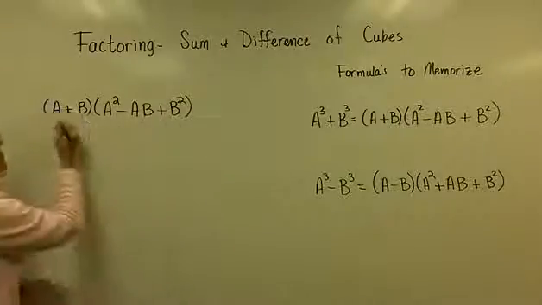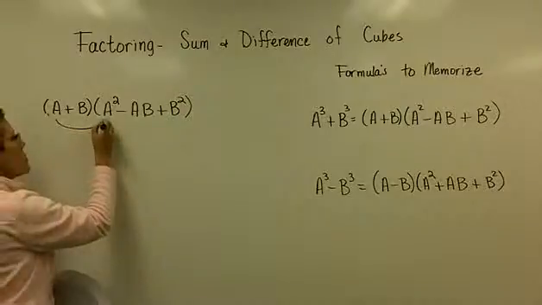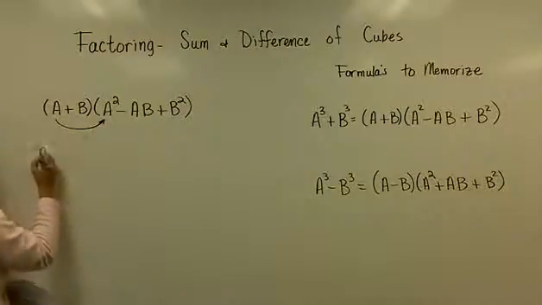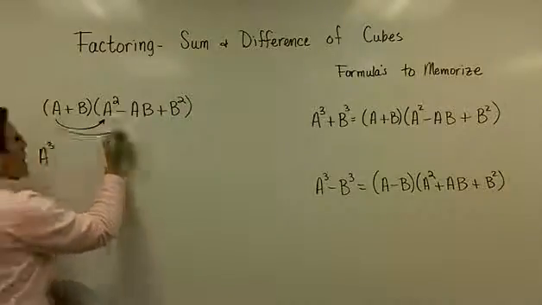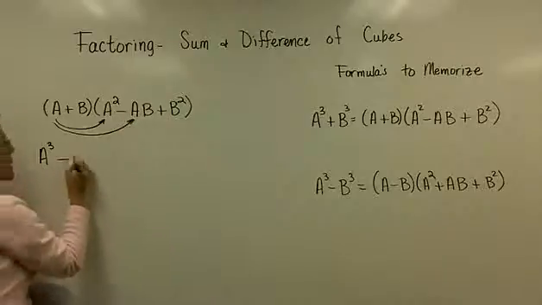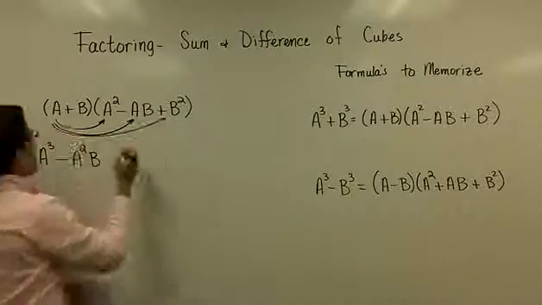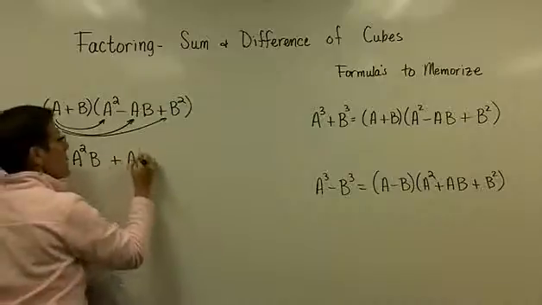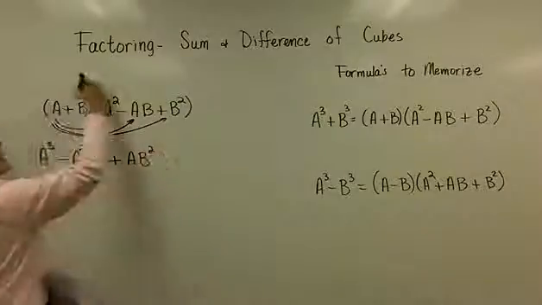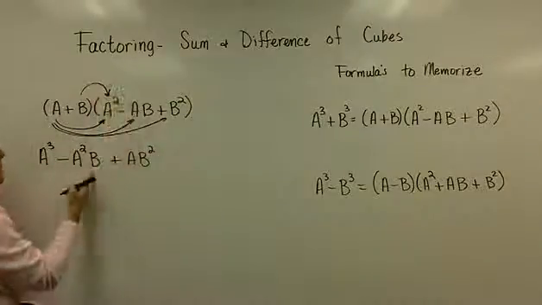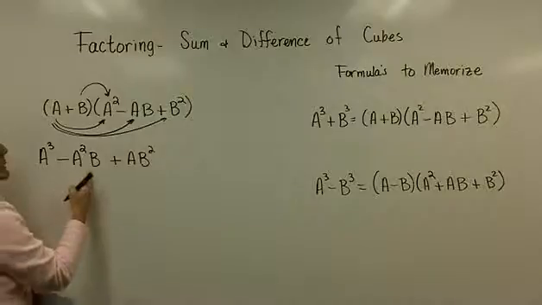They found it to be, when they multiplied by distributing, so this a times a squared is a cubed, and a times minus ab is minus a squared b, and then finally a times b squared is ab squared.